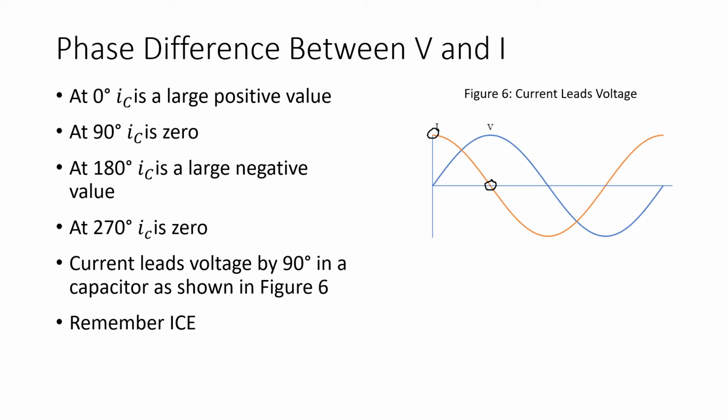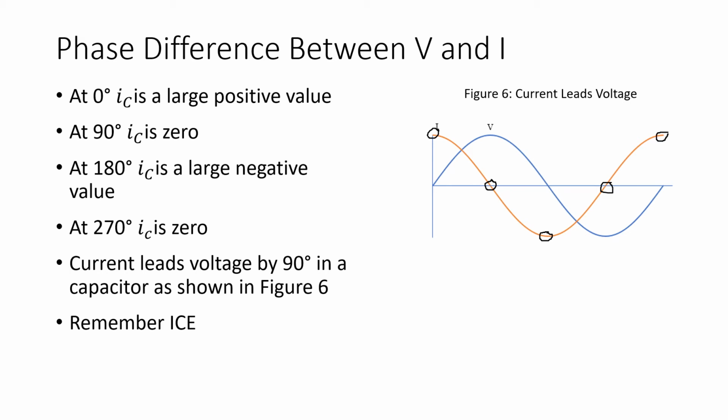At 180 degrees, dV/dt is a large negative value, so IC will be a large negative value. And at 270 degrees, since dV/dt is 0, IC will be 0. And again at 360 degrees, we're back at the beginning.